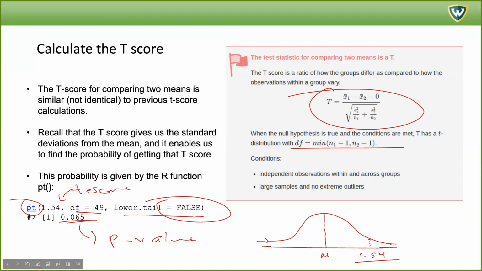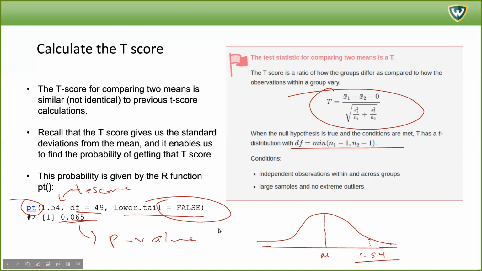But because we're also doing a two-sided test, and this only gives us a one-sided test, that is, there's a 0.065, or 6.5% chance of getting this value, which is kind of high. It's higher than 0.05. But we're doing a two-sided test, and this only gives us a one-sided test.